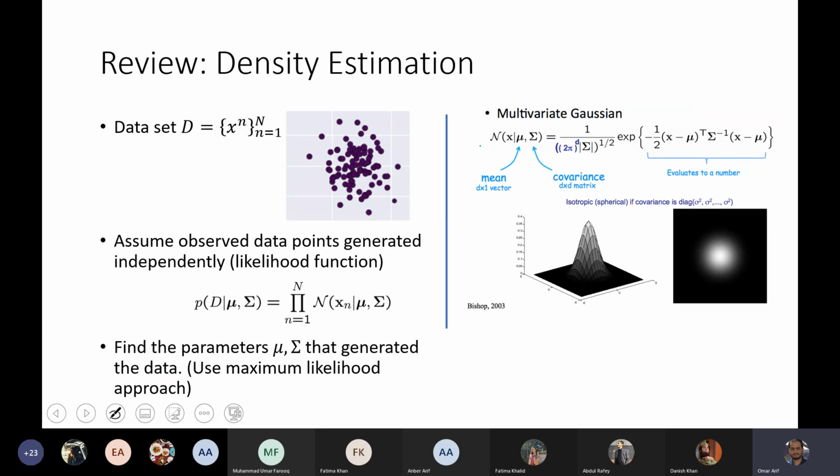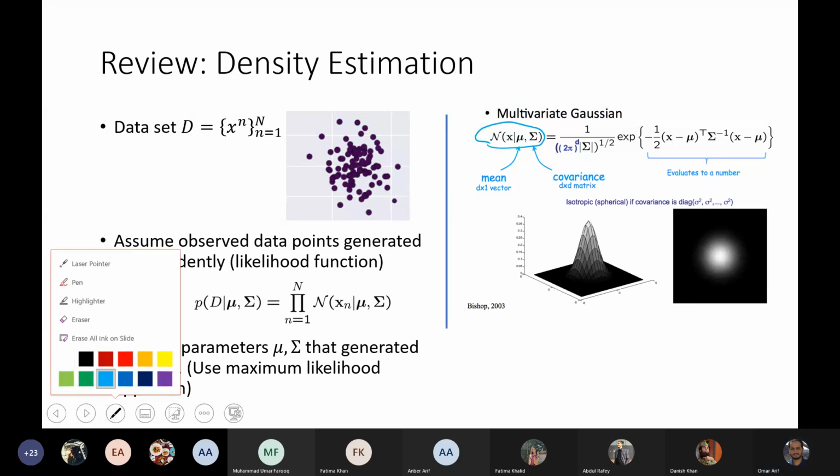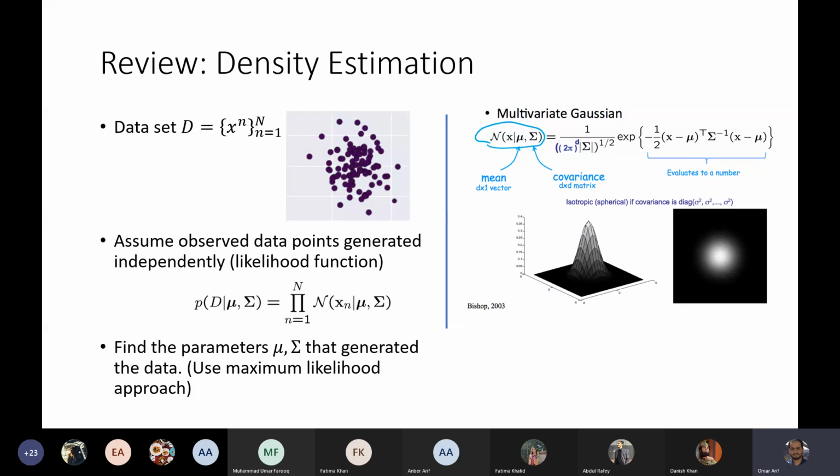And this is the equation of the Gaussian distribution. Again, over here it is defined by two parameters, mu and the variance.